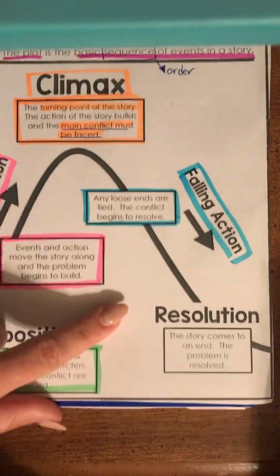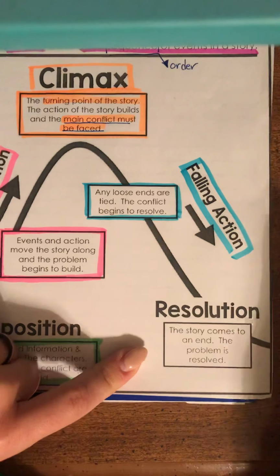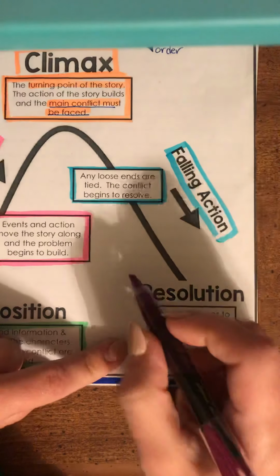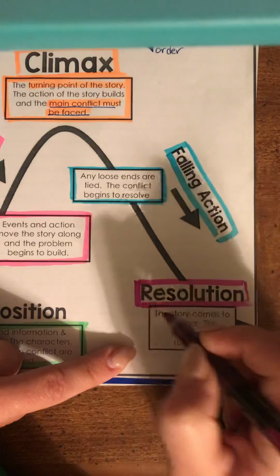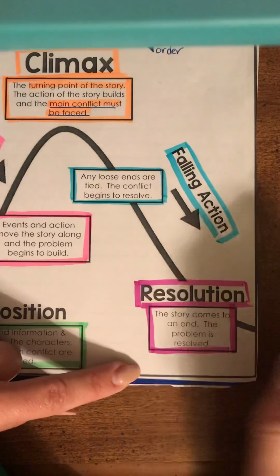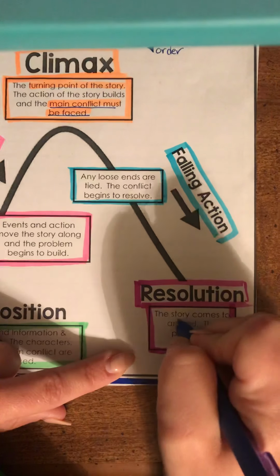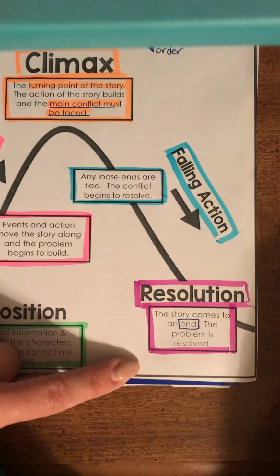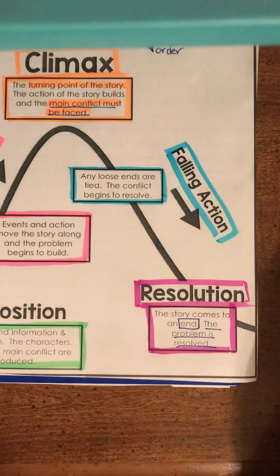Now, as we follow all the way down to the end of our Story Mountain, we get to something called the resolution. Your resolution is where your story comes to an end. The problem is resolved. So I'm going to take my underliner and I'm going to box out end. And I'm also going to say the problem is resolved.